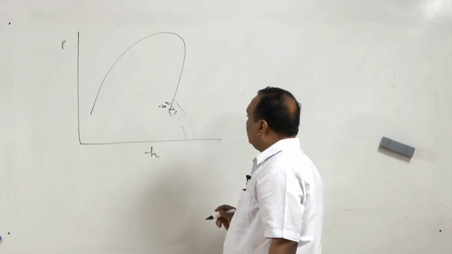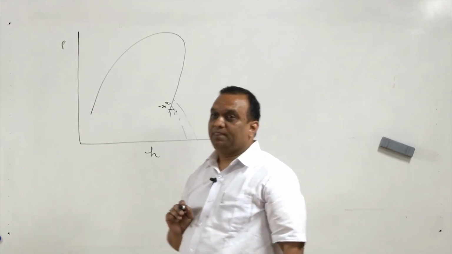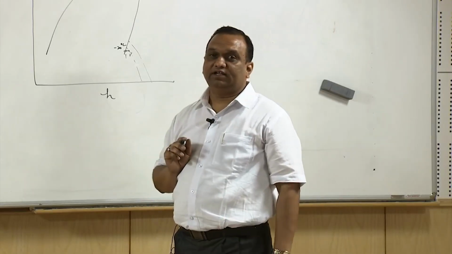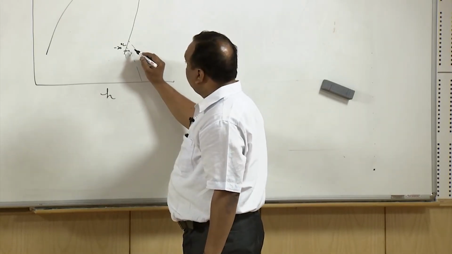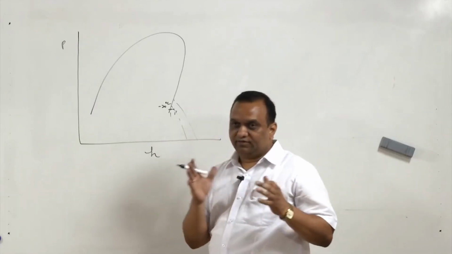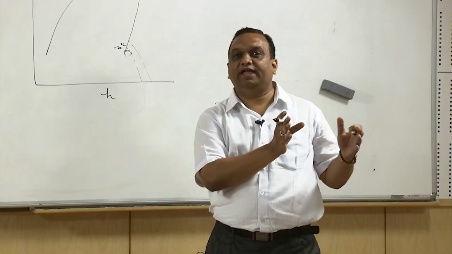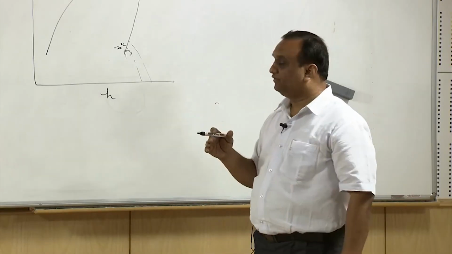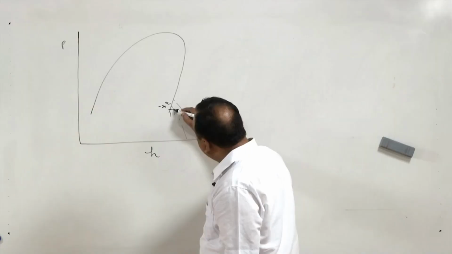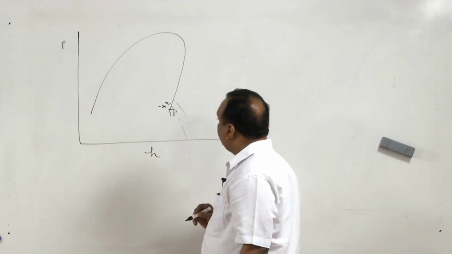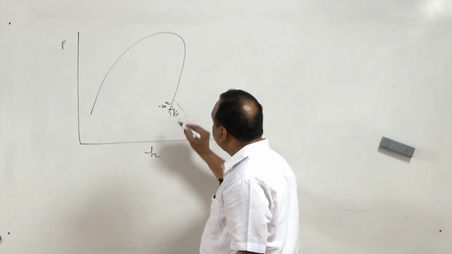Now, this superheated vapor enters the compressor, and during the flow of vapor from the exit of the evaporator to the entry of the compressor, there is a friction loss in the pipeline. So, we get 1''.